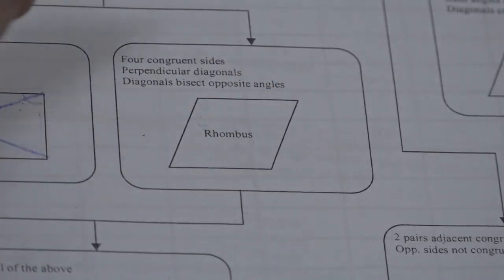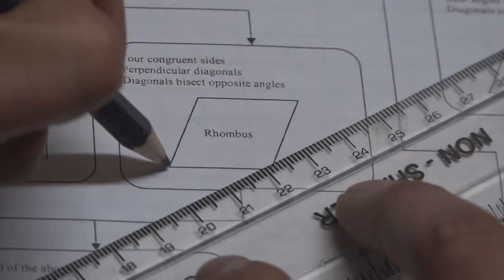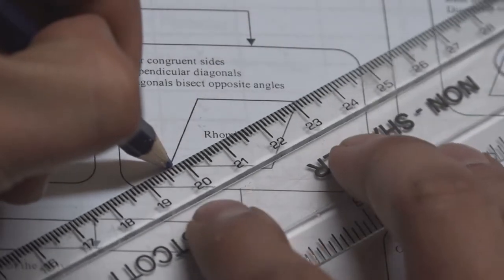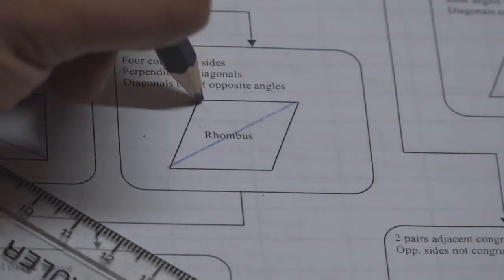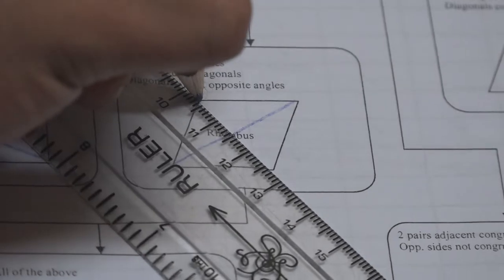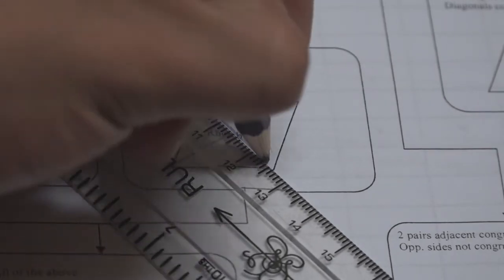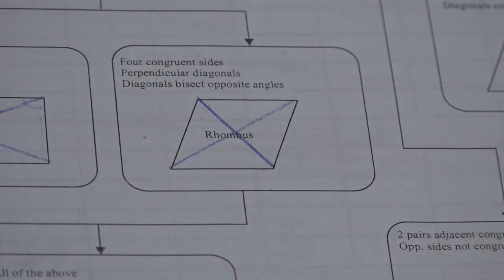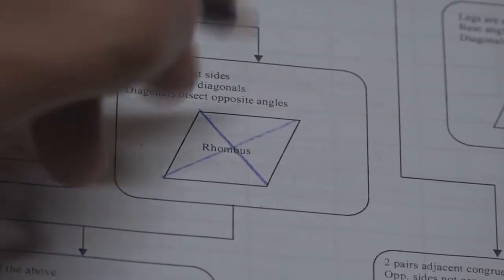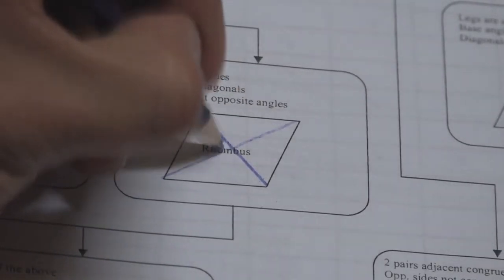Okay, it looks like a square, but it's not. Perpendicular diagonals. Holy smokes. So if I trace the diagonals like this, these diagonals are perpendicular. See that?